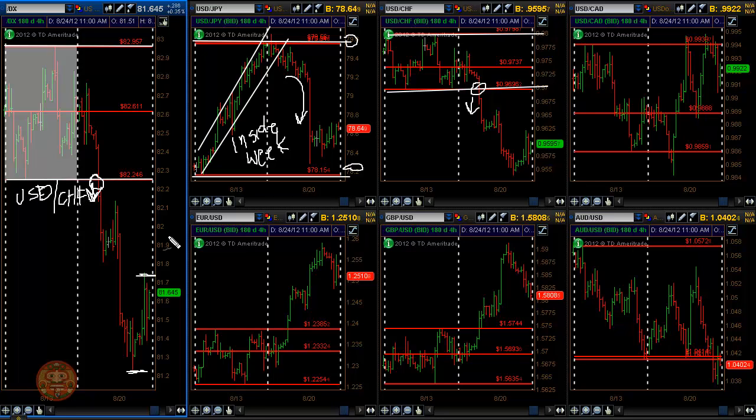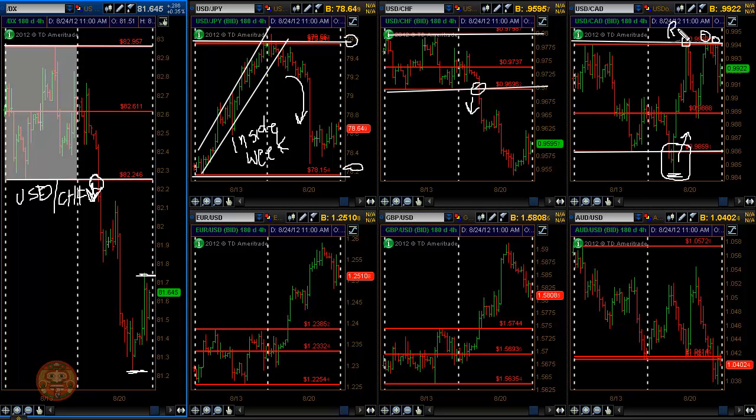You can see it trying to push down below the previous week's low, but got rejected, pushing back up in the face of all that move here. You can see buying order flow that came in, pushing all the way back to the previous week's high, and then you see here the resistance that came into play at last week's high. But overall here, another inside week, just like the Japanese yen.